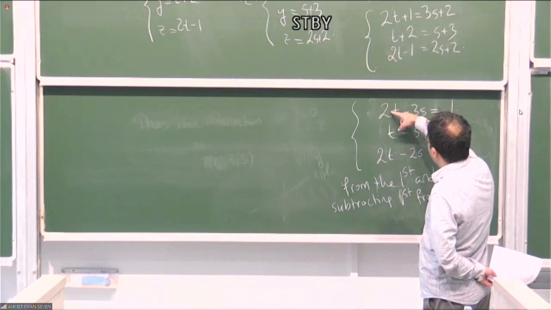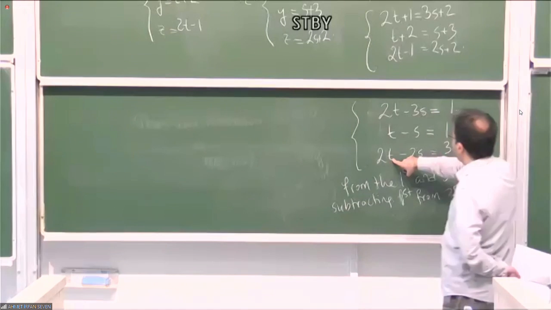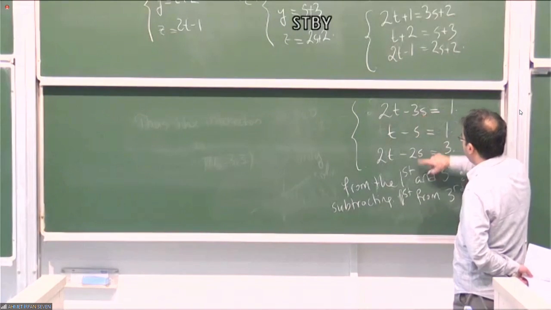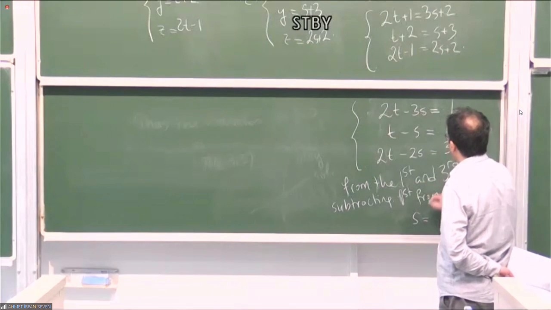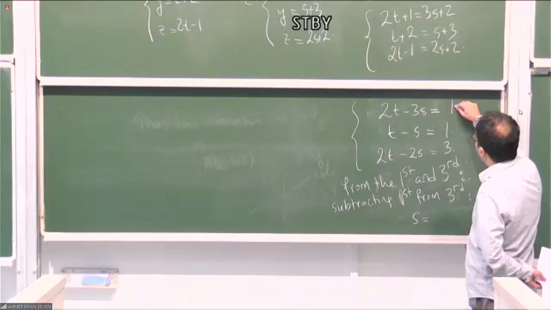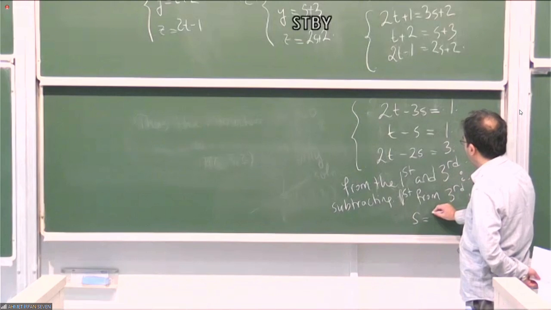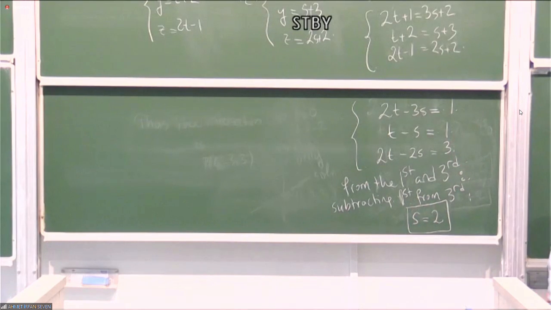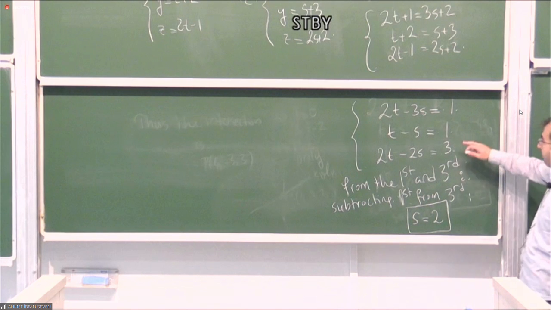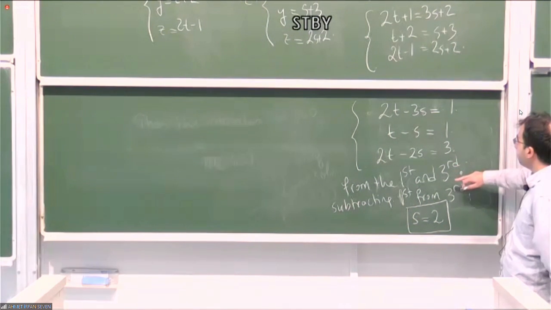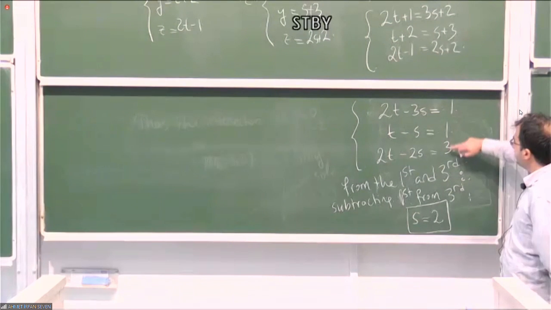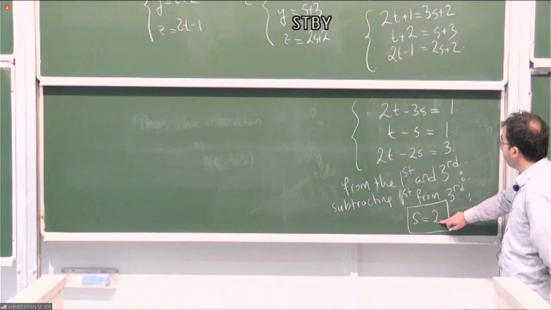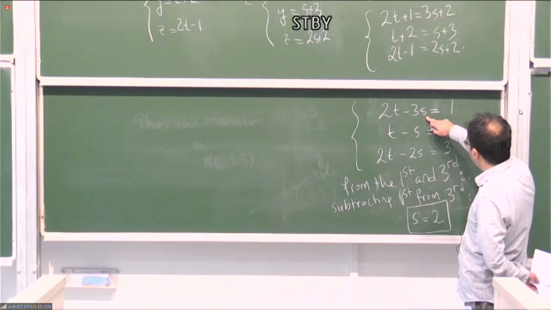I will get minus 2t, so this will disappear, and then I'm going to have 3s minus 2s, which is s, and then minus 1 plus 3. So you see, from the first and third equation I got s equals 2.